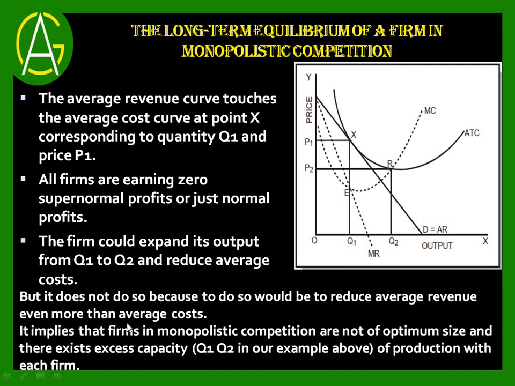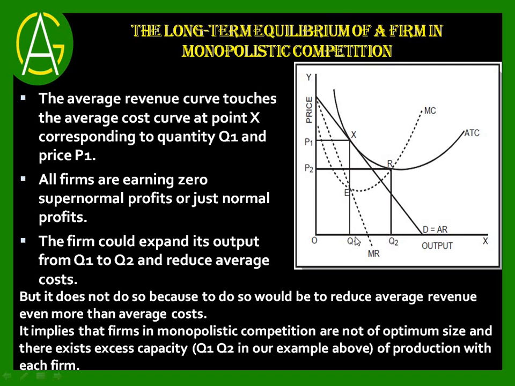It implies that firms in monopolistic competition are not of the optimum size. It means that firm cannot utilize its full capacity. That means excess capacity exists. Excess capacity from Q1 to Q2. This capacity remains underutilized.